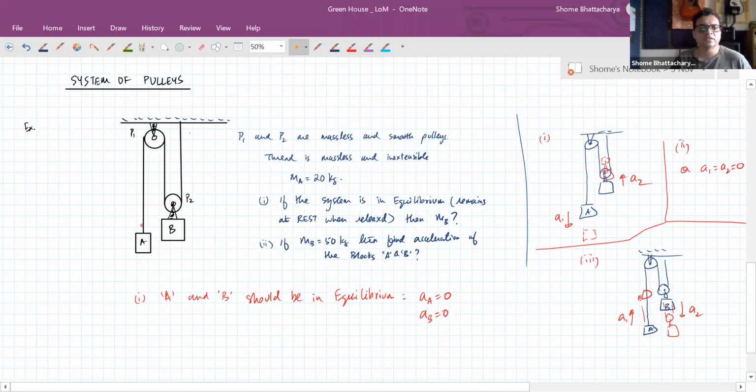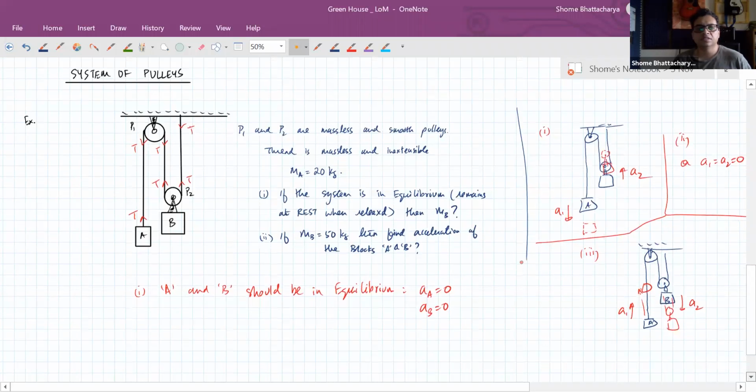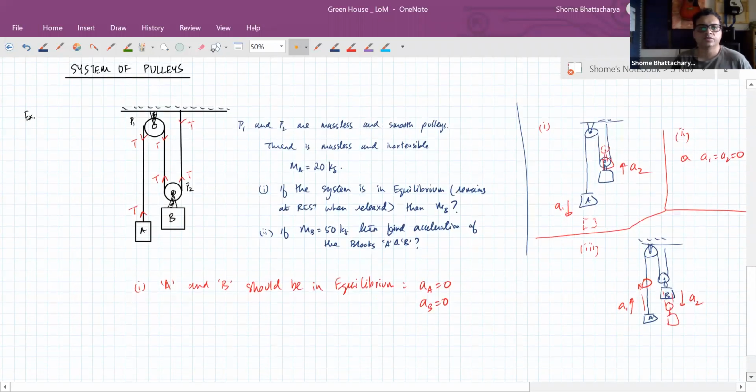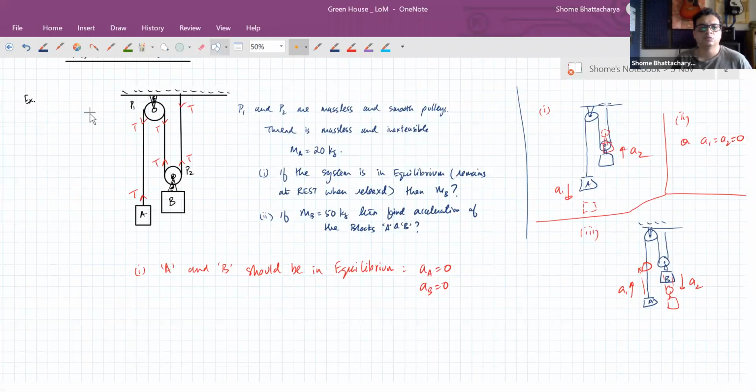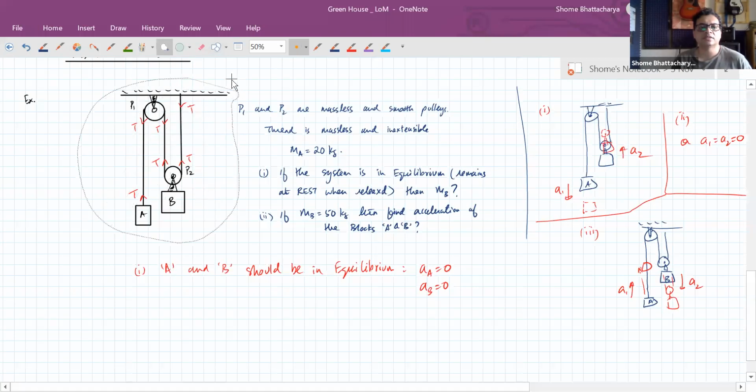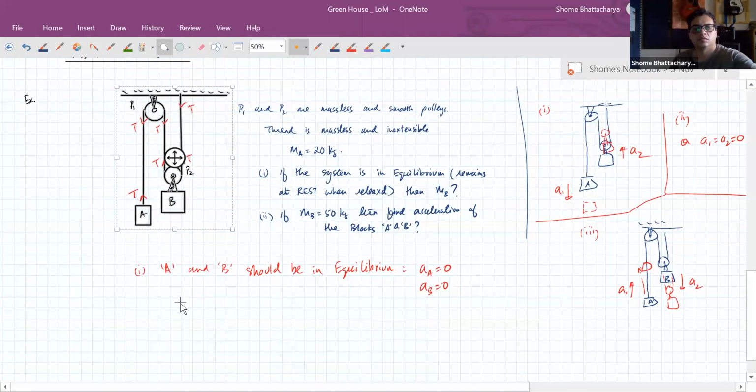So let's understand how that is happening. So since it's a massless thread, it has the same magnitude of tension everywhere. Same amount of tension acting everywhere. So for this case, this first part's case exactly, we want that A and B should both have 0 acceleration. So we want that to happen.